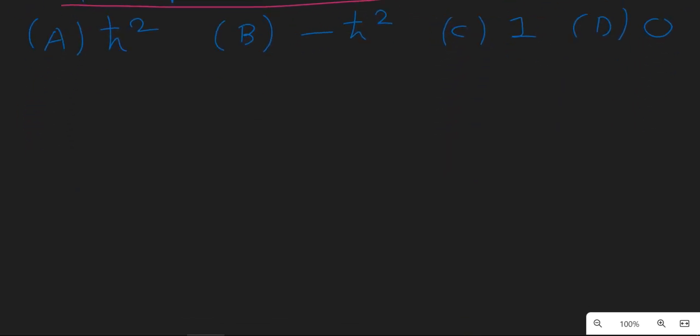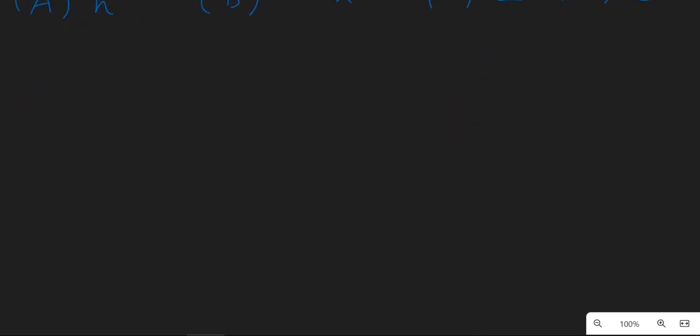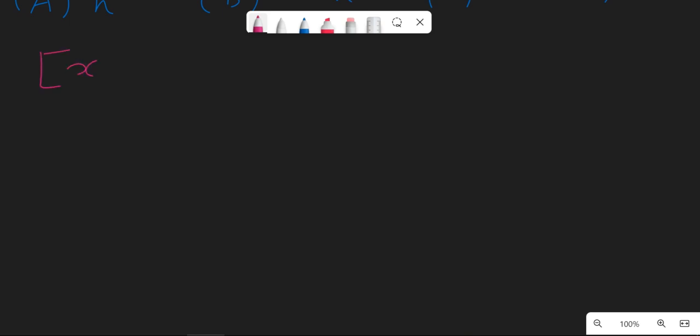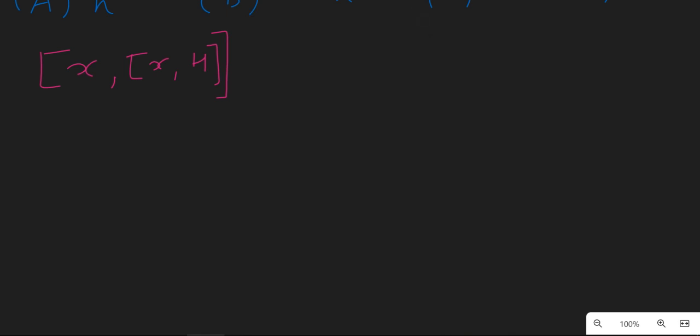So first of all, we will find this commutation relation x comma H. For that we will require the Hamiltonian.